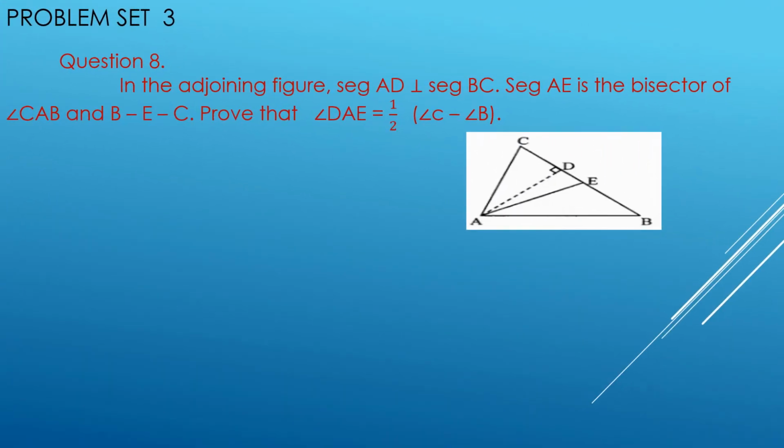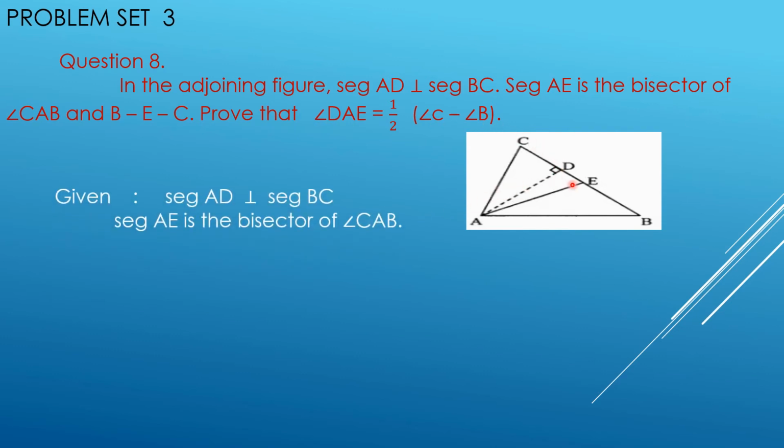Question number 8. In the adjoining figure, segment AD is perpendicular to segment BC and segment AE is the bisector of angle CAB. Prove that angle DAE is equal to half into angle C minus angle B. First write the given: segment AD is perpendicular to segment BC and segment AE is the bisector of angle CAB.